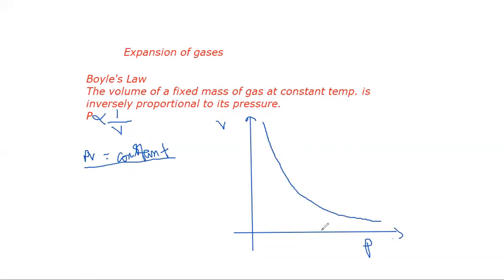This is a rectangular hyperbola. And if you are drawing P and 1 by V, so P proportional to 1 by V, which means P equals some constant K by V. So this is the equation of a straight line passing through origin. So let me draw it.